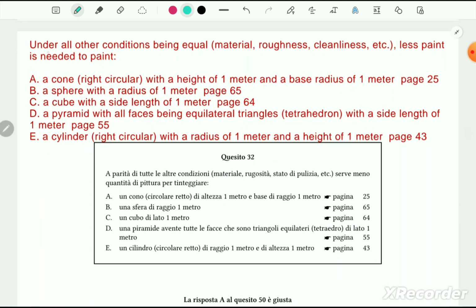Under all other conditions being equal, material, roughness, cleanliness, etc., less paint is needed to paint which shape?